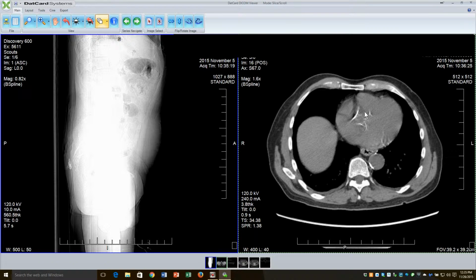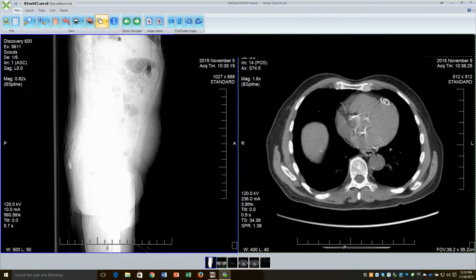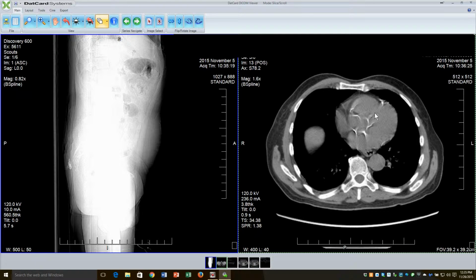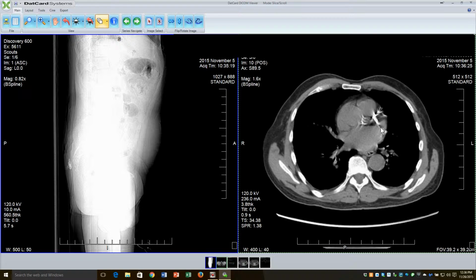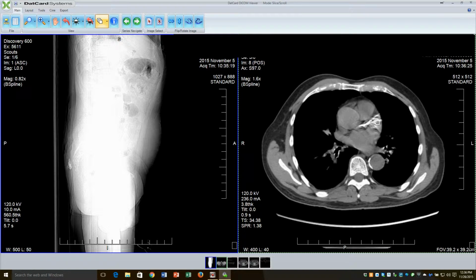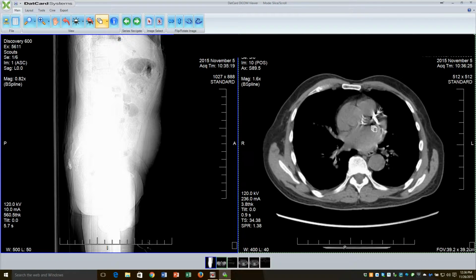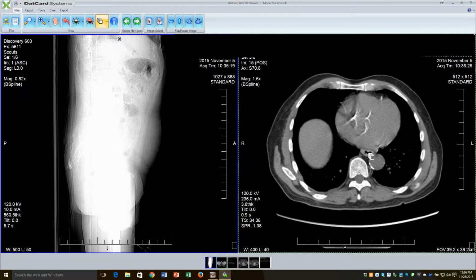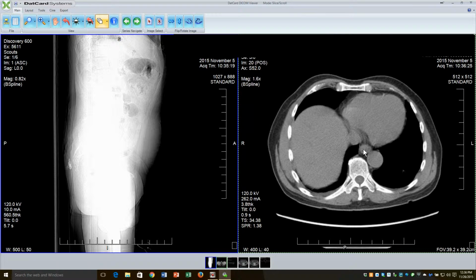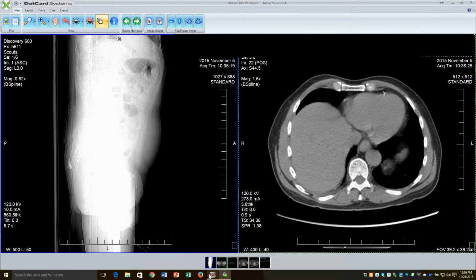Aorta, stomach. And then as we move up, here's the esophagus. The heart has several calcifications within the coronary vessels here, and a lot of calcifications within the coronary arteries here. This is not just IV contrast. There's actually calcifications here. Now if we look at the esophagus as we move down towards the stomach, he has a very small hiatal hernia, and we can see that better in another view.